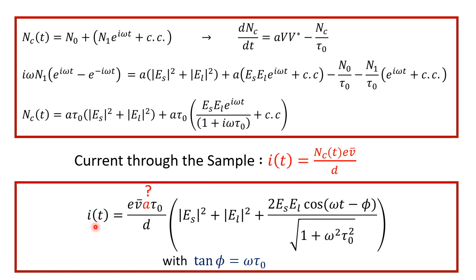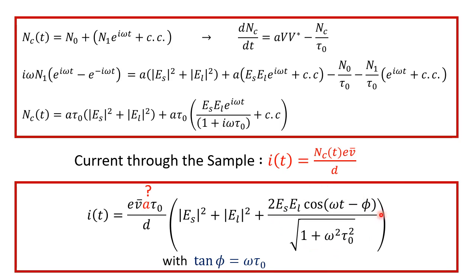Now clearly, again, remember that I do not know A, right? And I have combined this exponential I omega t part and its complex conjugate here. Remember, there is a 1 plus I omega tau naught at the bottom, and for the complex conjugate term, there will be 1 minus I omega tau naught. So I can fix this and put it up as a phase, right?